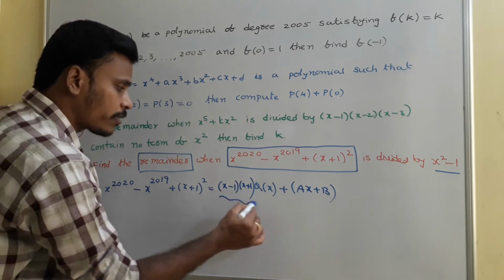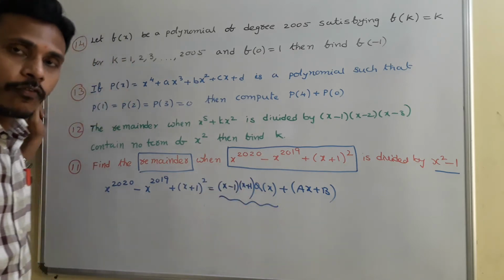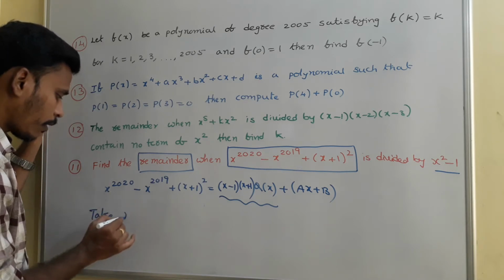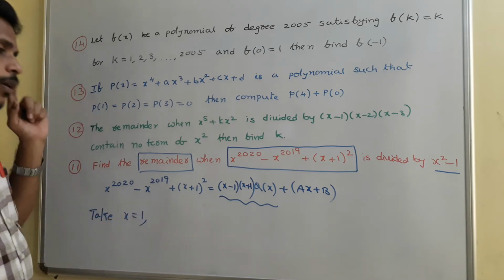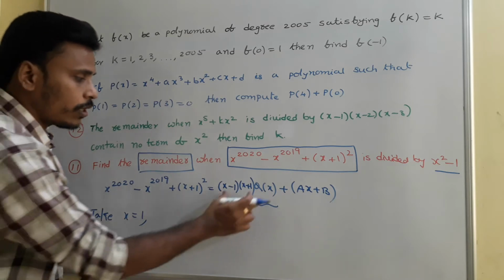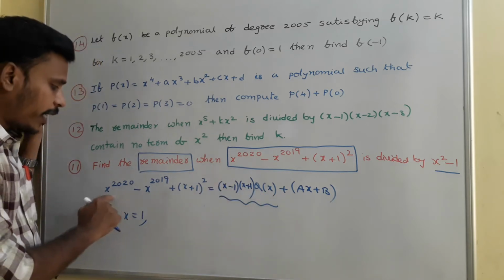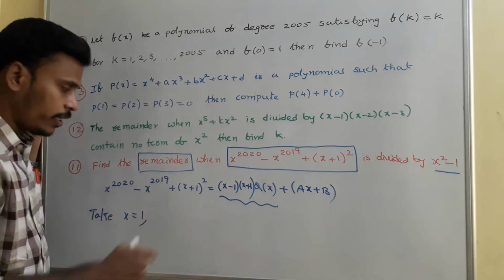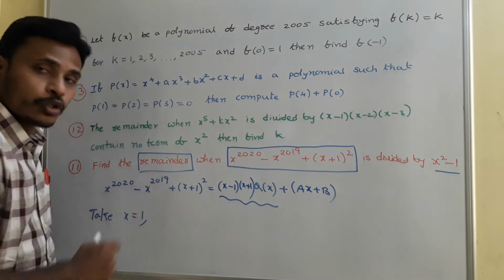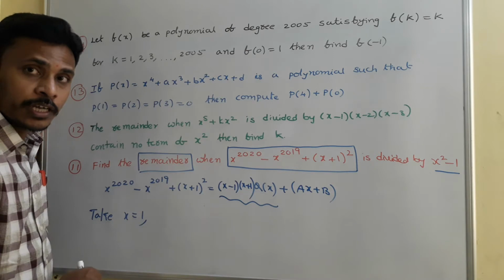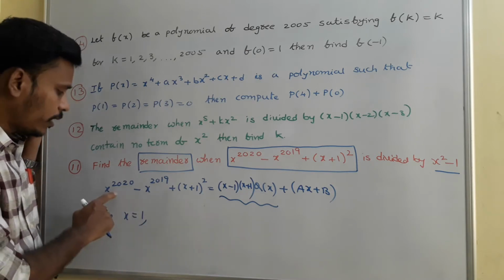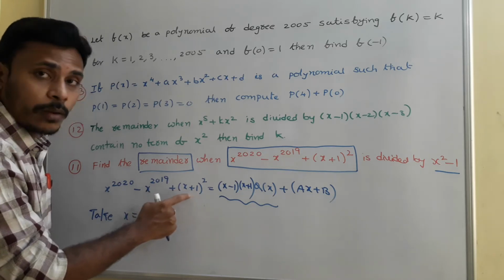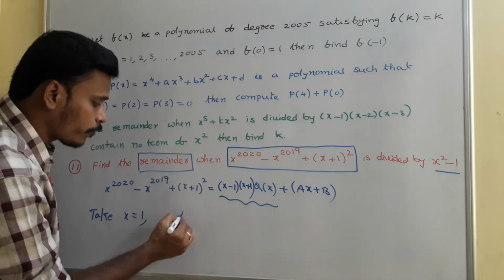Based on this, to eliminate the unknown Q(x), you just take x equals 1. If you take x equals 1, this will become 0. Take x equals 1 in this polynomial: 1 power 2020 is 1, 1 power 2019 is 1. This 1 and that 1 will get cancelled. 1 plus 1 is 2, 2 squared is 4.